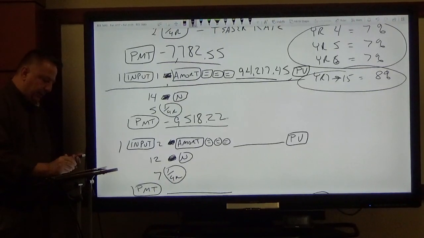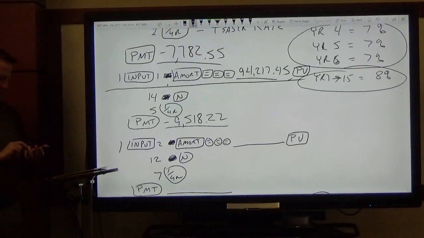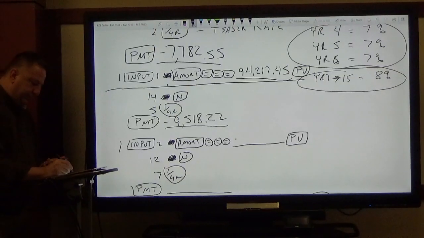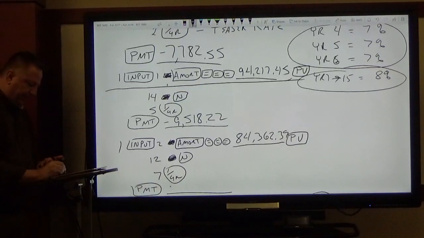95, 18, 22. Okay, 1, input 2, shift, amortize, equal. We get 84,362.39 as our new present value. 12 years, 7%, get our payment.